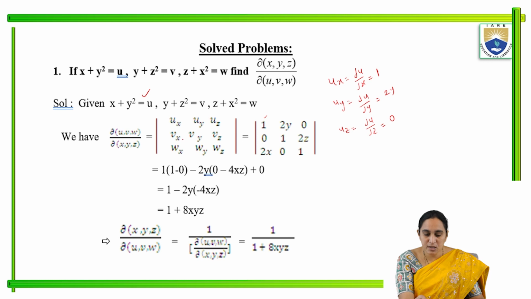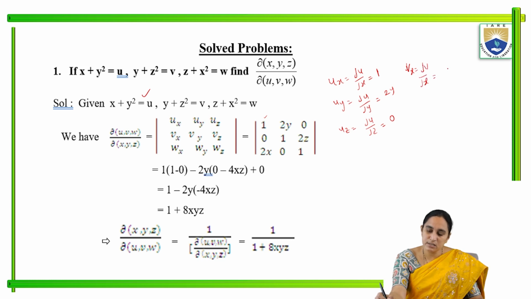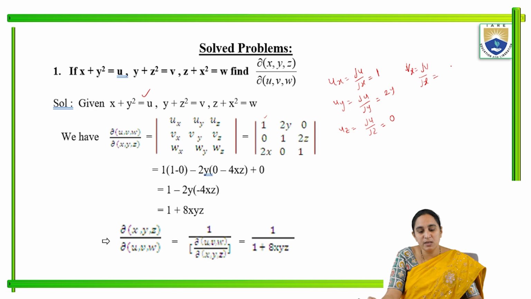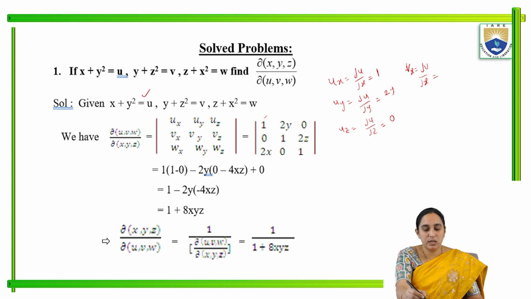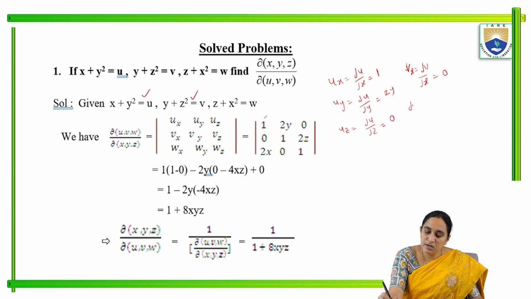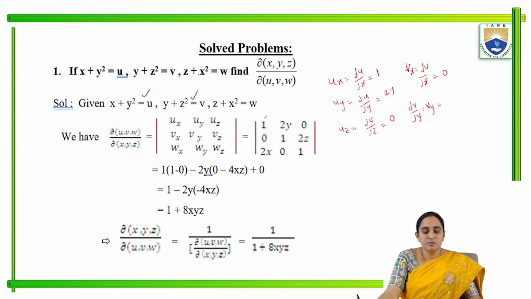Now I'll find vx, vy, vz. vx means v differentiated with respect to x. What is the function v? y plus z square. Is there any x term in the v function? No, so directly that is 0. Next, v differentiated with respect to y, that is vy, is 1.